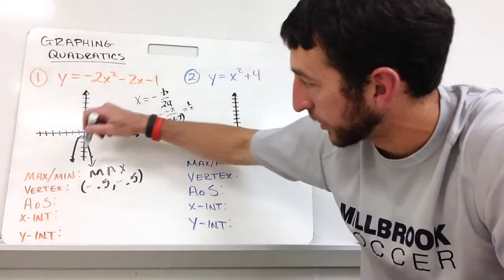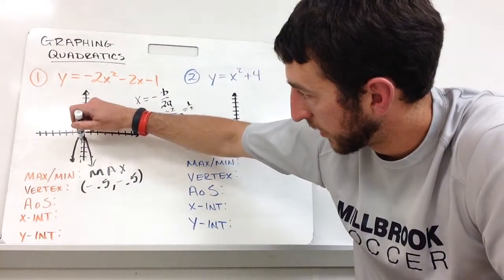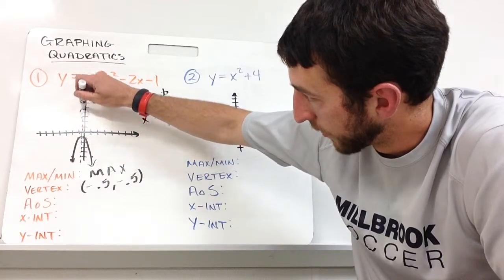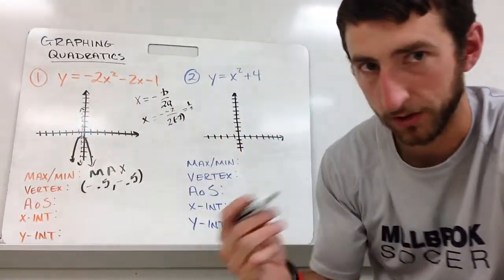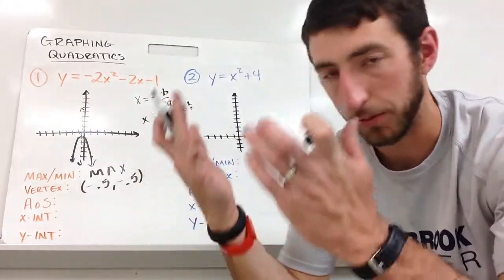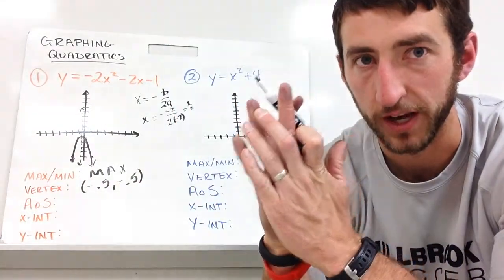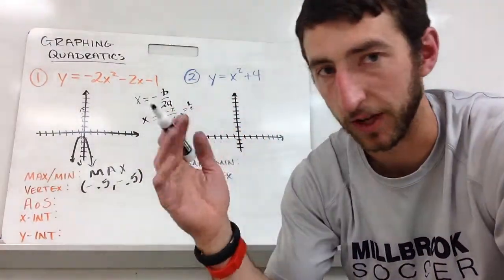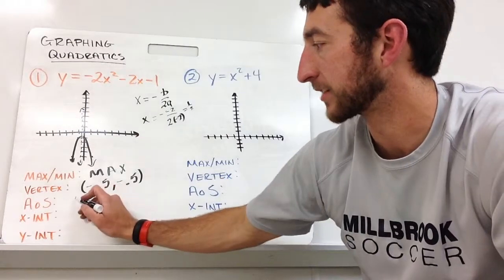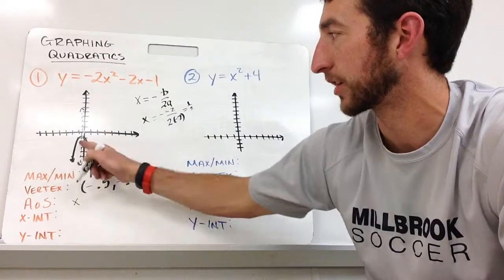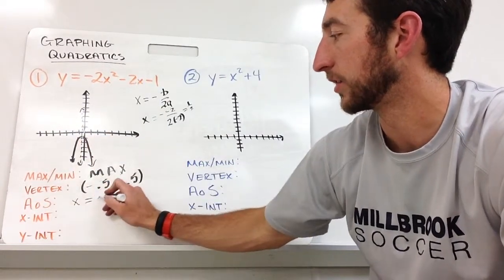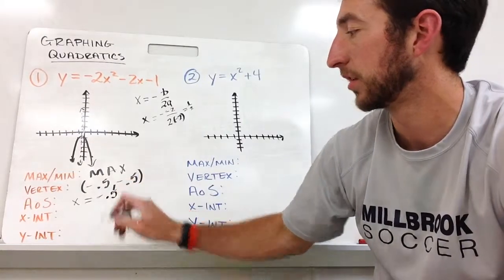The axis of symmetry is this vertical line that goes right through the middle of my parabola. If you remember, symmetry means it's going to fold in half on itself, and it looks the same on either side. So my axis of symmetry is that vertical line that goes through x equals -0.5.